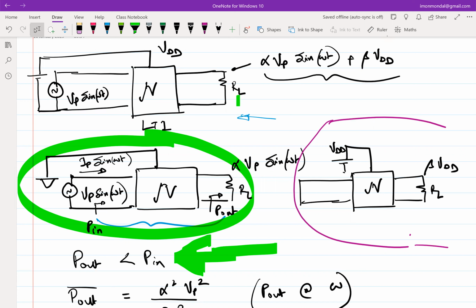So this power out less than power in should not be valid in this case because I am getting total higher power. It seems like I can get higher power because I have two sources. I can get higher power than I would have gotten with a single source. That's essentially your contention.